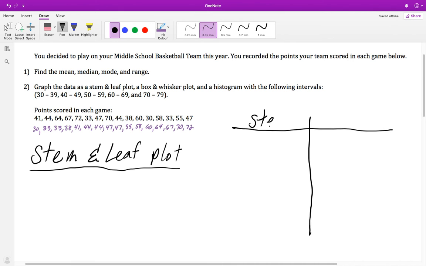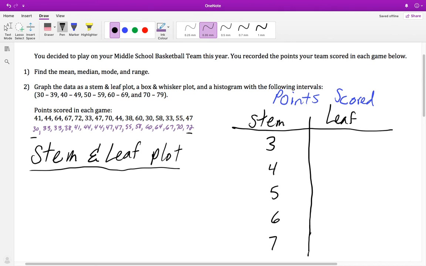I will put stem, and I will put leaf. Above it, in a different color, I'm going to say points scored. So I'm titling or labeling my stem and leaf. I notice that my values go from 30 to 72. That means my stem will have to have 3, 4, 5, 6, and 7. So let me just extend this.